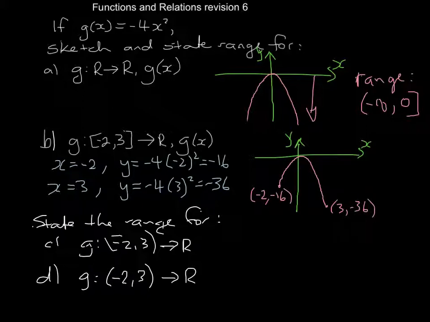So now to state the range, we do actually now have a restriction there because it goes from negative 36 up to 0. So that tells us that our range will be negative 36 to 0.